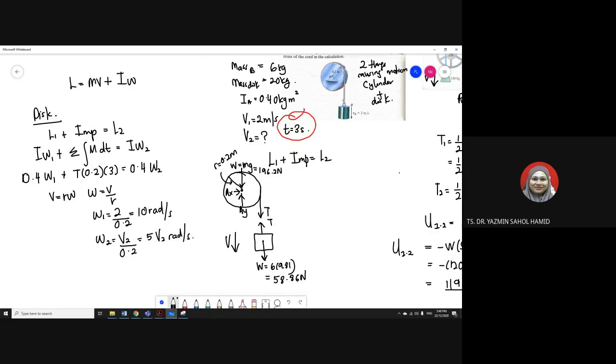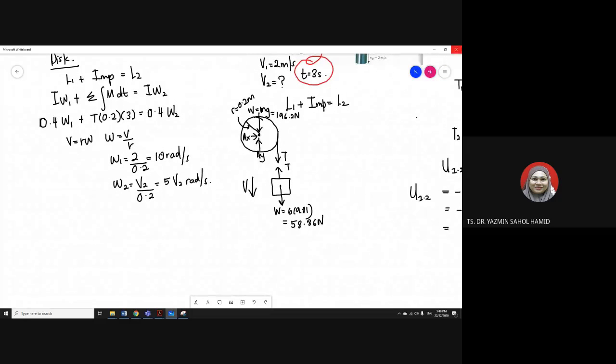Okay. So we can write that in the equation. You all boleh letak dalam equation tu. Lepas tu, okay, taklah kita buat sama-sama lah. Okay. Now, that is for the disc.